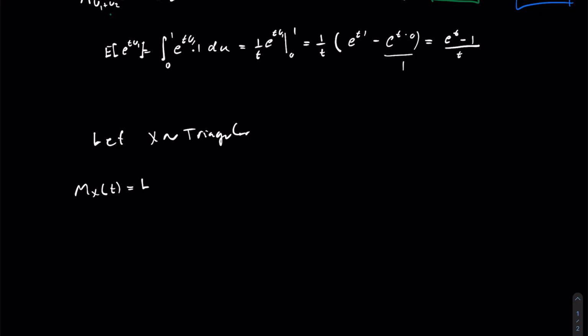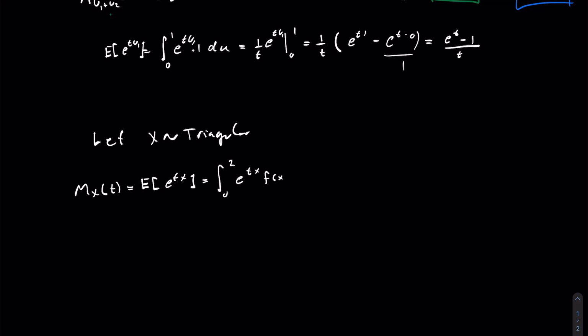So by definition, it's the expectation of e to the tX, which goes from 0 to 2 of e to the tx times its own distribution.